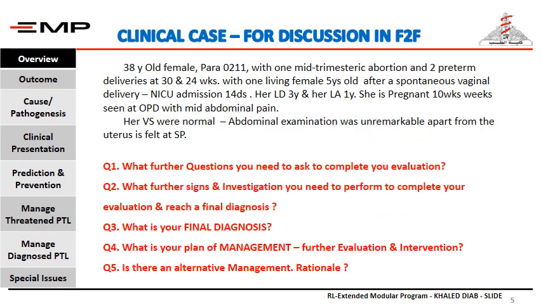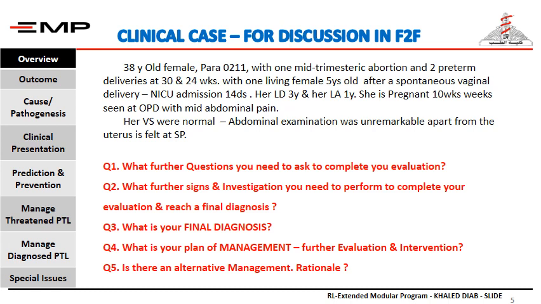For this clinical case, the student is advised to prepare for discussion in the face-to-face session. A 38-year-old female, para 0211, with one mid-trimester abortion and 2 preterm deliveries at 30 and 24 weeks, with one living female, 5 years old, after a spontaneous vaginal delivery with NICU admission for 14 days.